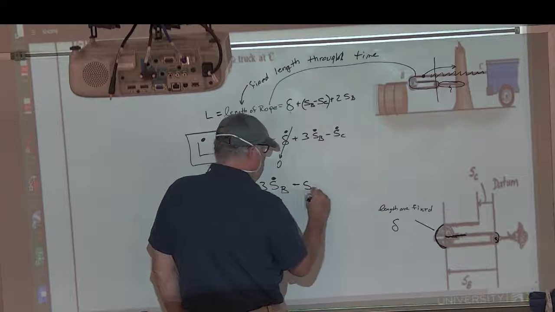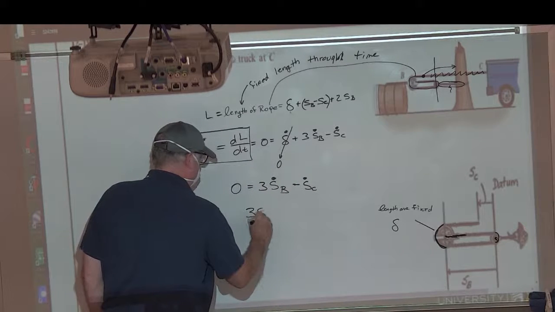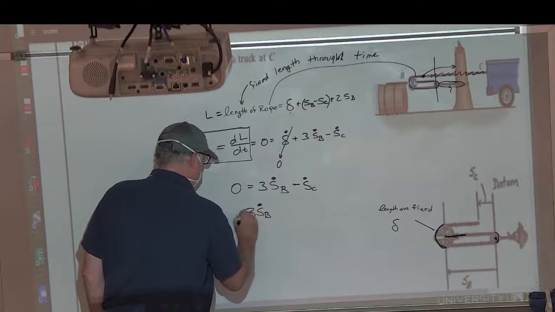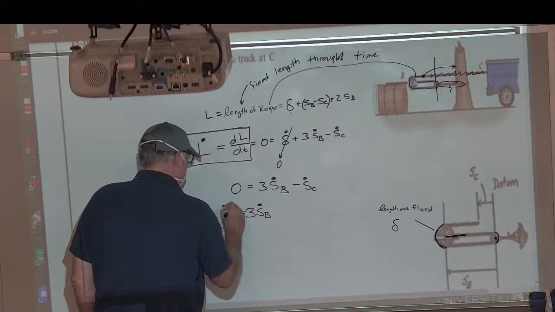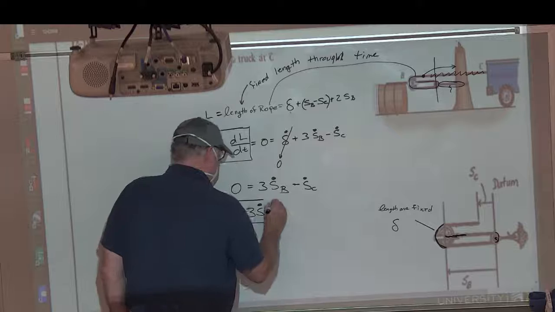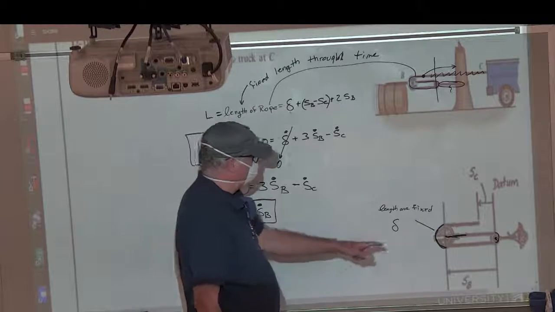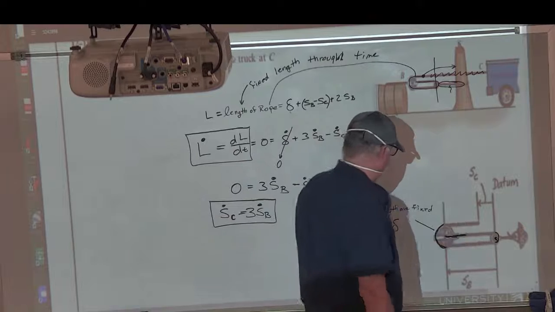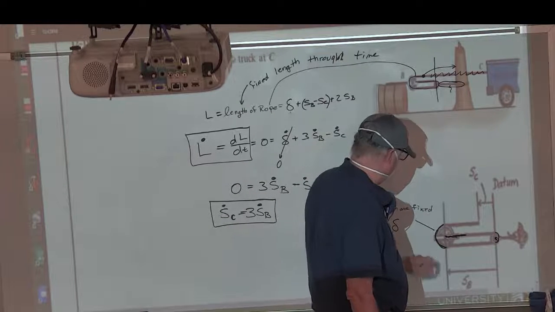So what you end up with is this. Minus SC dot. If you move the SC over, you get 3 SB dot is equal to SC dot. Now that is the speed, the velocity. The velocity of this point right here and the velocity of this point right here.